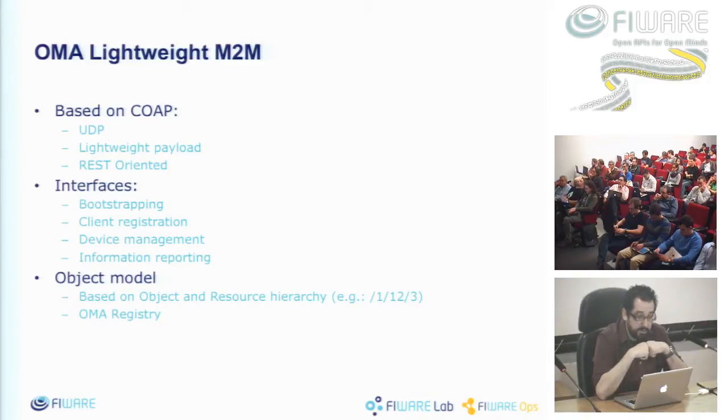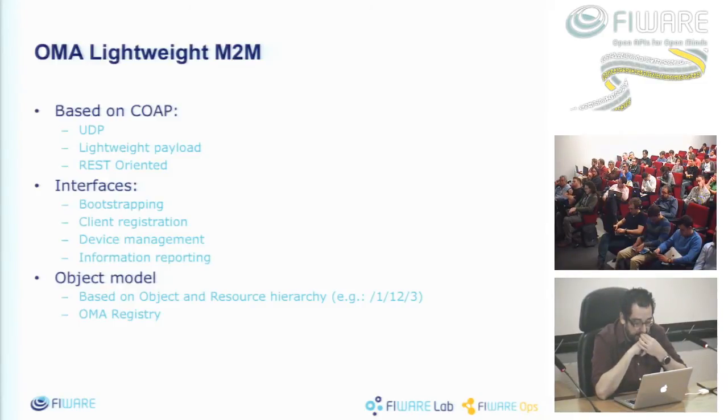And the information reporting defines a way for the server to request the client to make periodic or value-based updates on the values of some of the resources of the client.